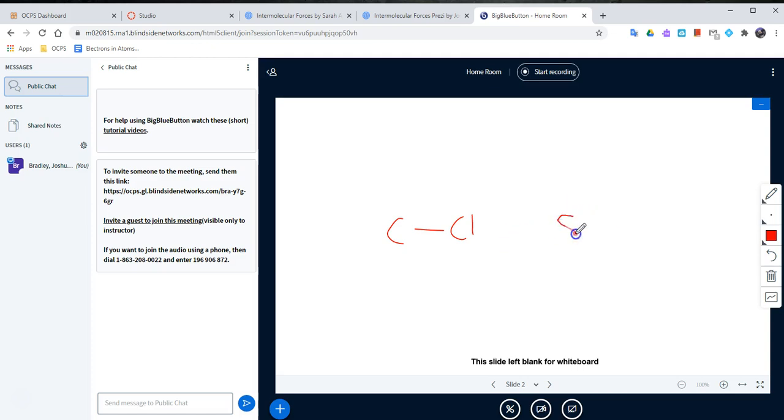Okay, let's do S here. So in a typical dipole-dipole, you would have this bond here, but this sulfur especially would have some outside electrons that kind of shield this bond from being as strong as possible.